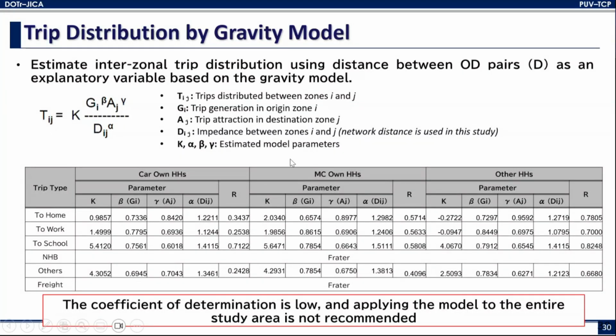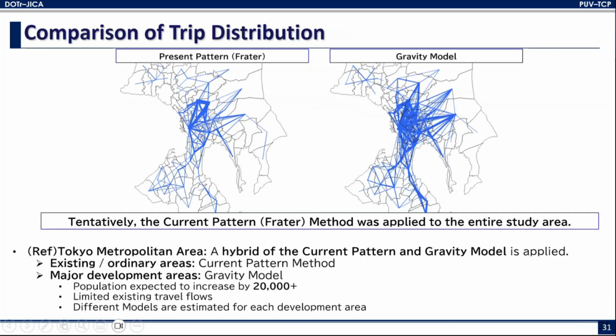Why I say this is that you can see the result here. I compared the trip distribution utilizing the present pattern methodology and the gravity model. You can see the present pattern model seems to be not so strange.